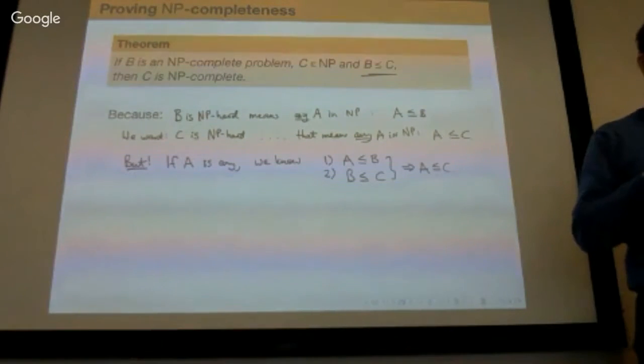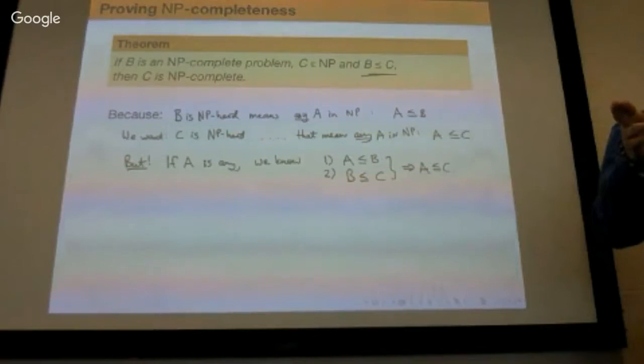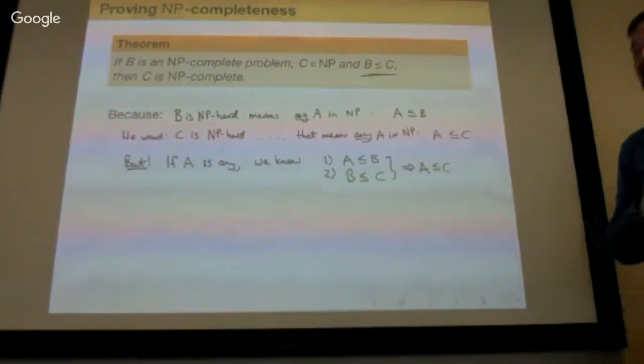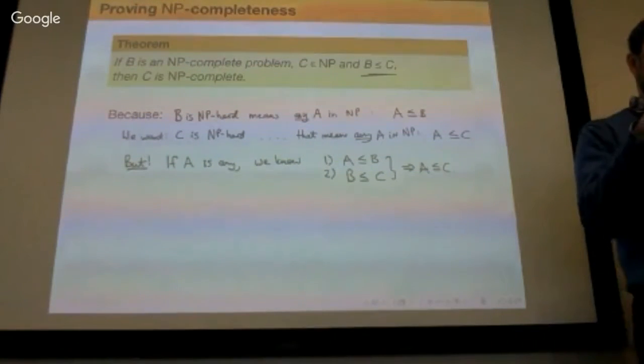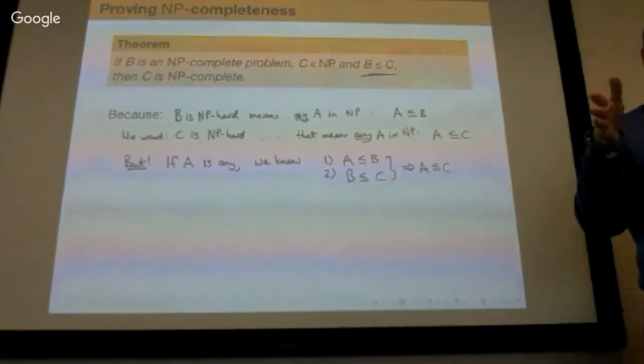Now it actually is a question. If you have a problem with only finitely many different inputs, you can just give the answer for each of them in a list, like a table. The algorithm is just to look it up in the table. Maybe nobody knows the table, but it can't be hard.